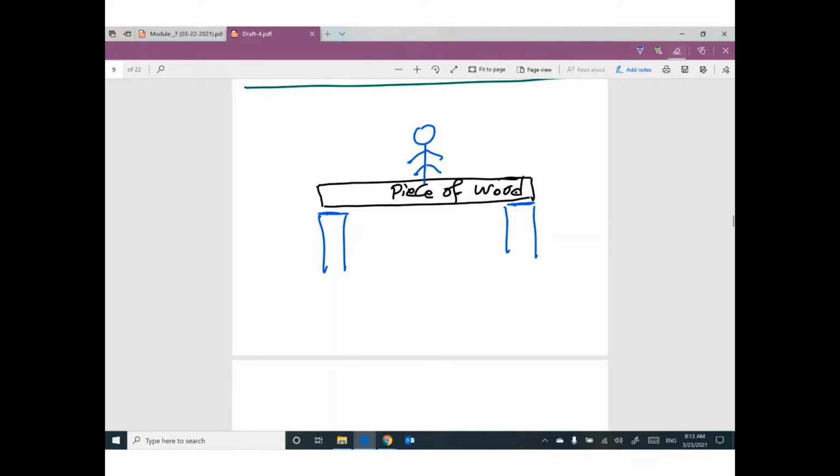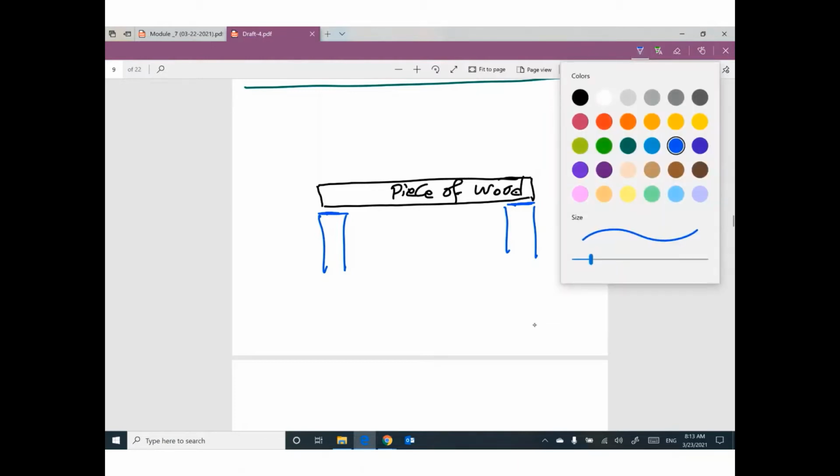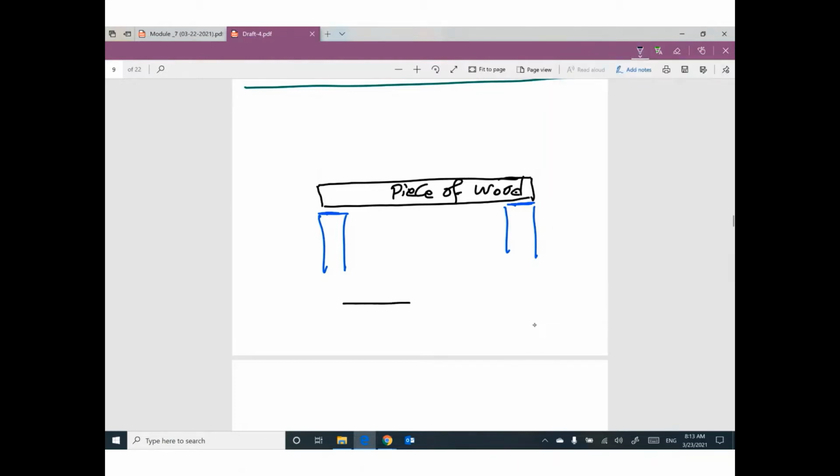Before standing, before anybody is on this piece of wood, do you have any concern about it? No, I don't. This piece of wood looks like a beam supported here by a support and supported there by a support.